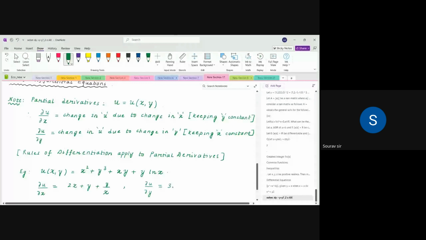Okay. So is that 3y square plus x plus log x? 3y square plus x plus log x. Perfect. Yes. Okay. This is correct.